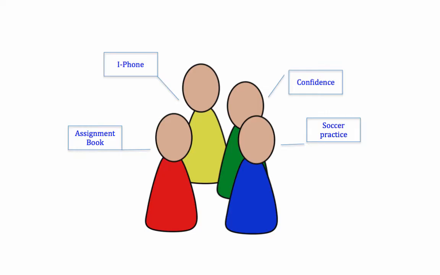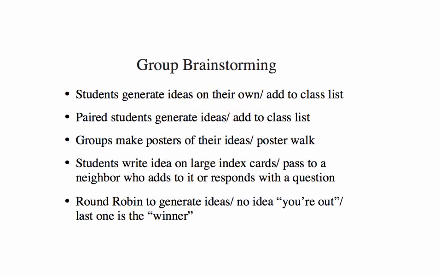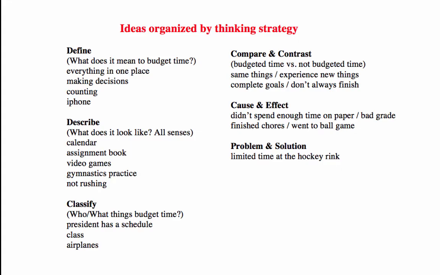Brainstorm ideas associated with how learning to budget time is an important skill for students. For older writers, assign one of the thinking strategies from our list. Then create posters showing ideas organized by thinking strategy. Thinking strategies are not discrete systems.